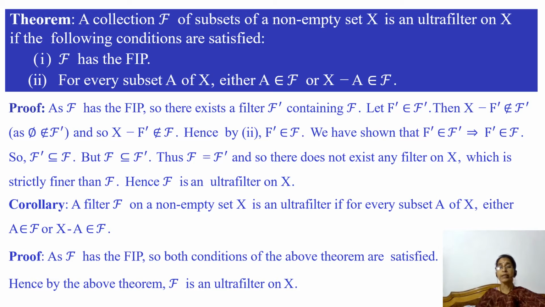Now we have a corollary. A filter F on a non-empty set X is an ultrafilter if for every subset A of X, either A belongs to F or complement of A belongs to F. Here it is given that F is a filter, and if F has the second condition of above theorem, then we have to show that F is an ultrafilter on X. As F is a filter, we know that every filter has the finite intersection property, and so F has the finite intersection property.